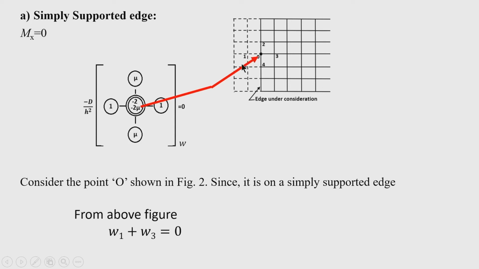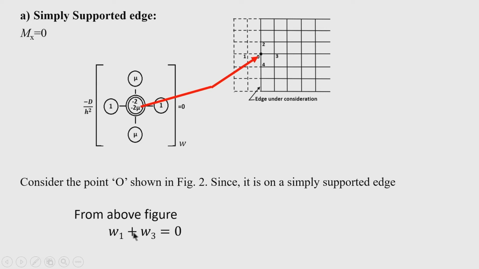The deflection is W1, but the coefficients are plus 1 and plus 1. So, if I write this equation, the other terms are 0 because these nodes fall on the boundary. Therefore, we can write W1 plus W3 equal to 0.